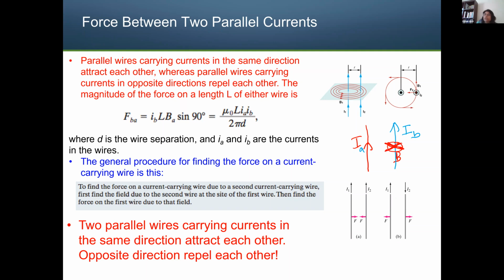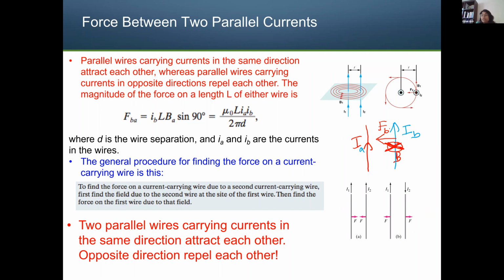So now you have the thumb upward and the magnetic field inward, which means my thumb is going to be open to my left side. So when I open it to the left side, the direction of force on this wire will be this way: the force direction on wire B due to the current of wire IA.